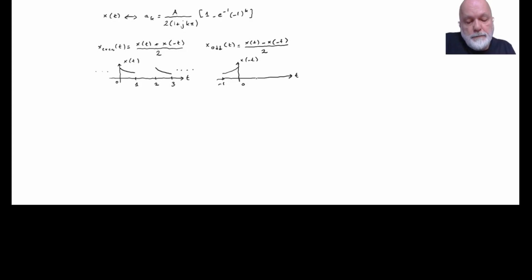Then from 0 to 1 we have 0, and then from 1 to 2 we have again the same exponential function, and so on. So we have this periodic signal which represents x of minus t.